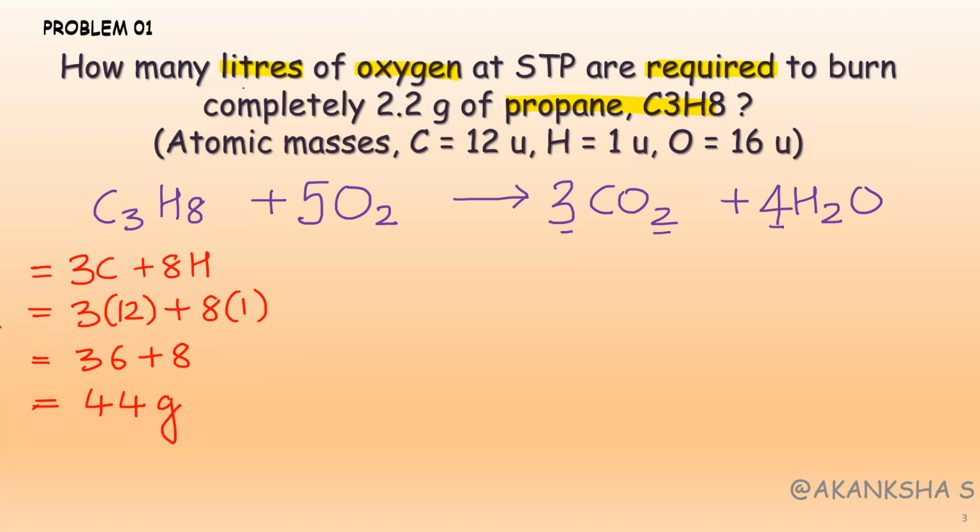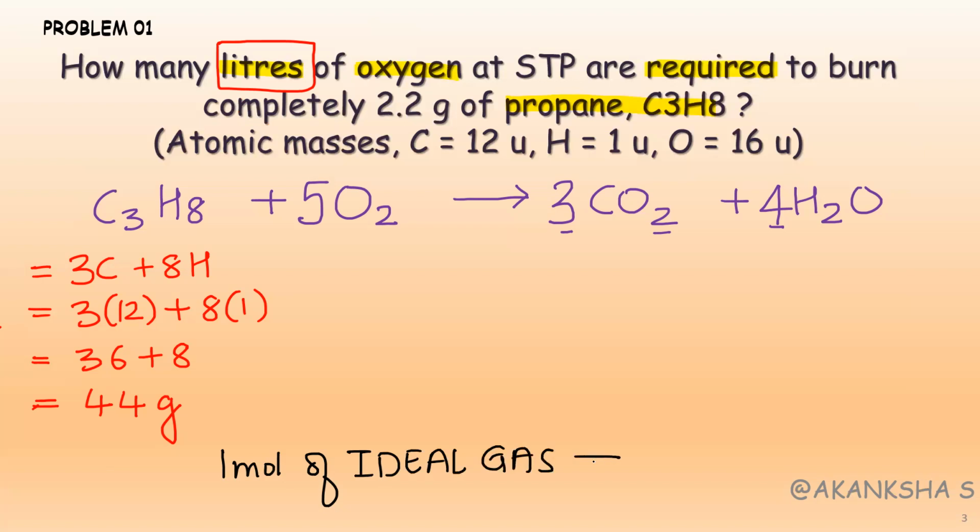Now they are asking us how many liters of oxygen. For that, we need to remember one simple rule: 1 mole of an ideal gas, that is any stable gas, occupies a volume of 22.4 liters.